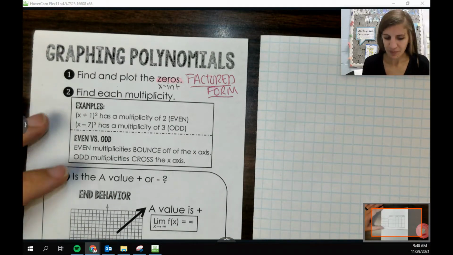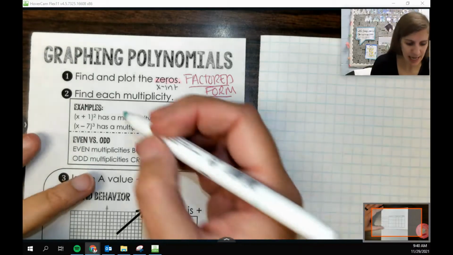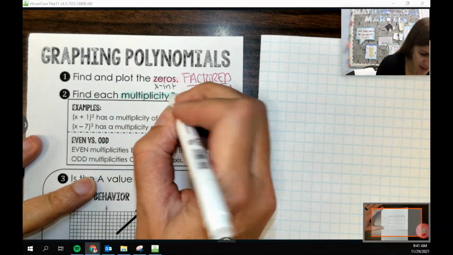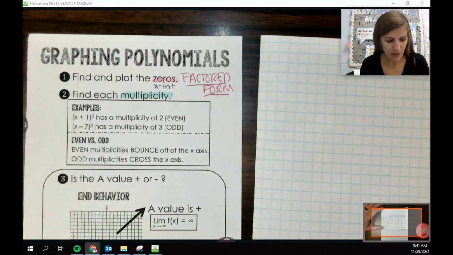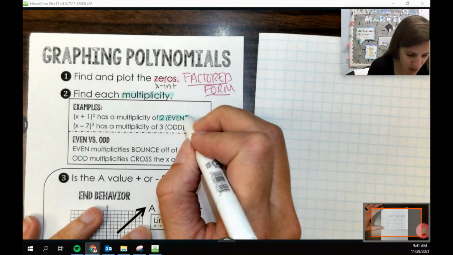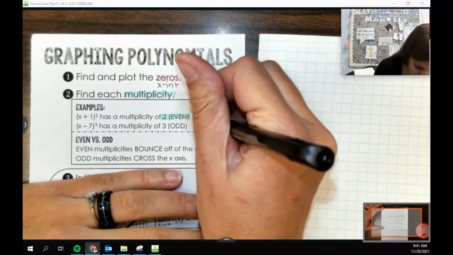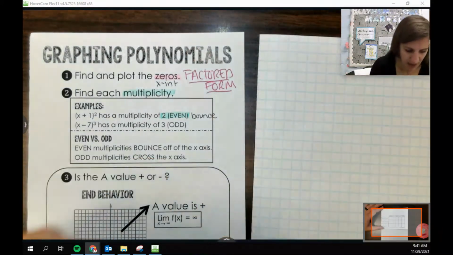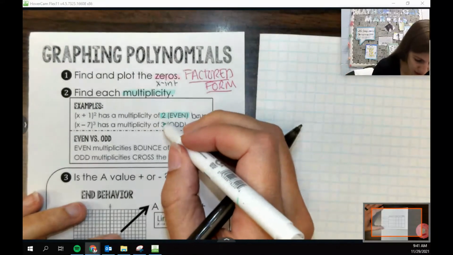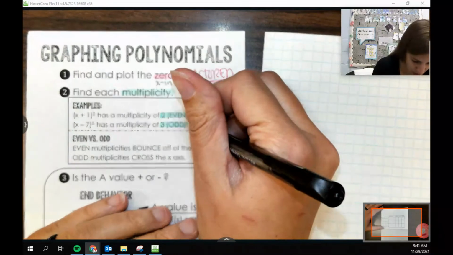Okay? The second thing we wanted to do was find the multiplicity. Now, multiplicity was just this fancy word for cross, wiggle, bounce. And so whenever we had a multiplicity of 2 or an even thing, that was a bounce. And whenever we had a multiplicity of 3 or an odd thing, we would wiggle.